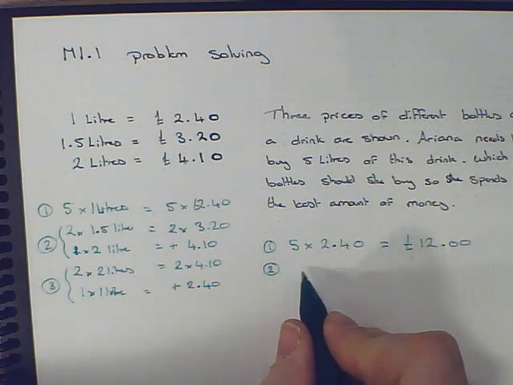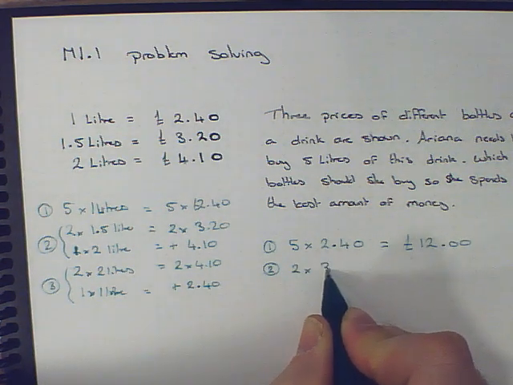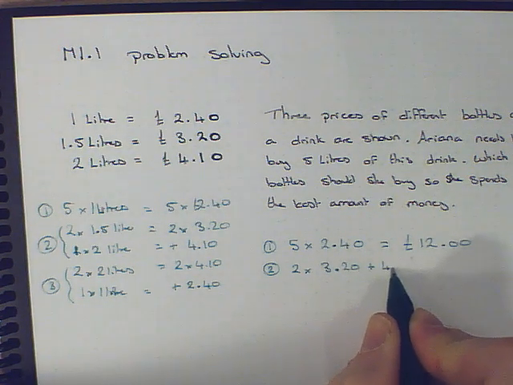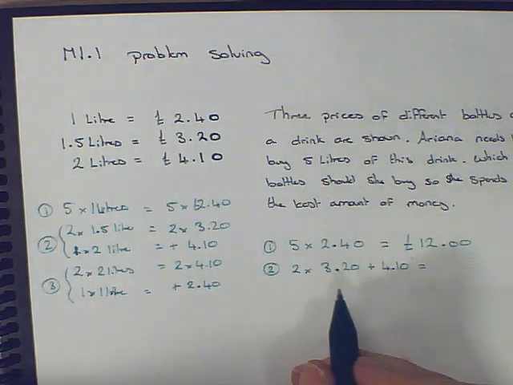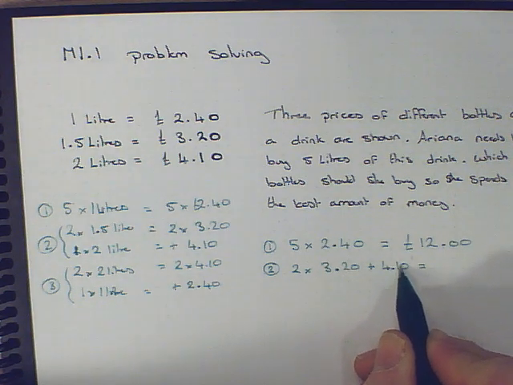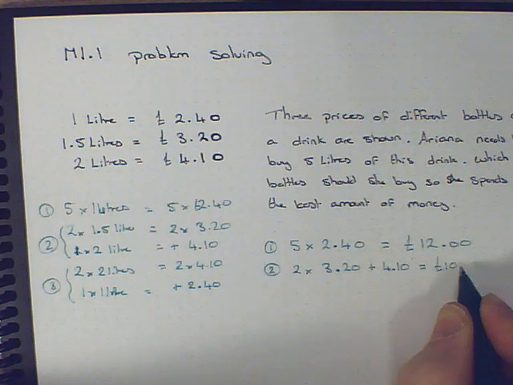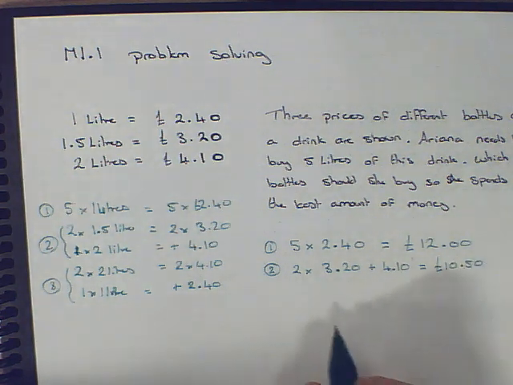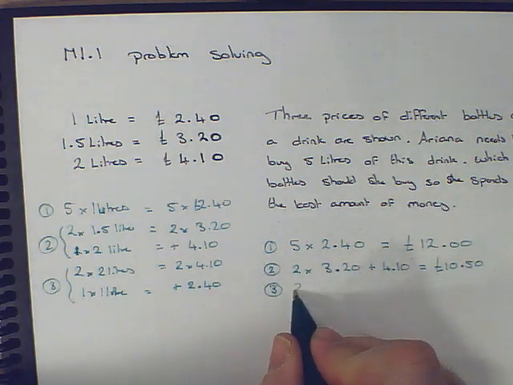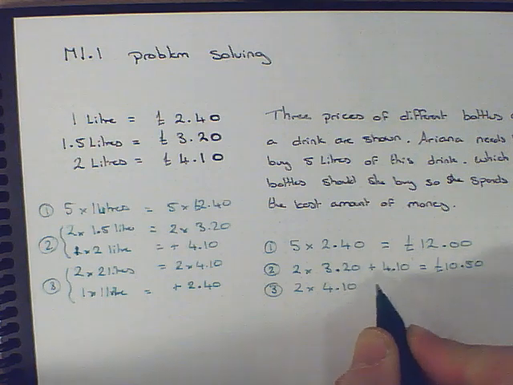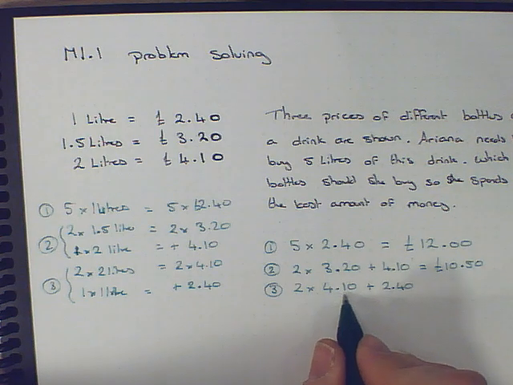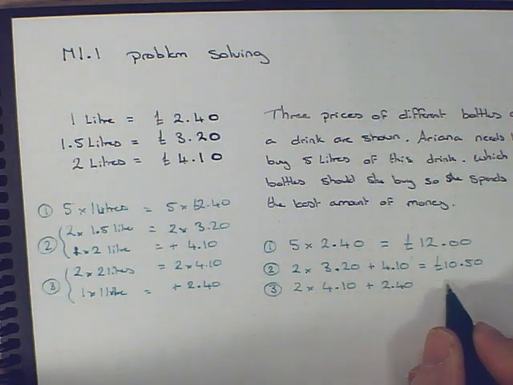Option number 2, we'd have 2 multiplied by £3.20 plus £4.10. 2 times 3.20 is 6.40, then 10.40, £10.50. So already option 2 is looking like a much better option. And then option 3, we've got 2 multiplied by £4.10 plus £2.40, so that's £8.20, £10.20, £10.60.